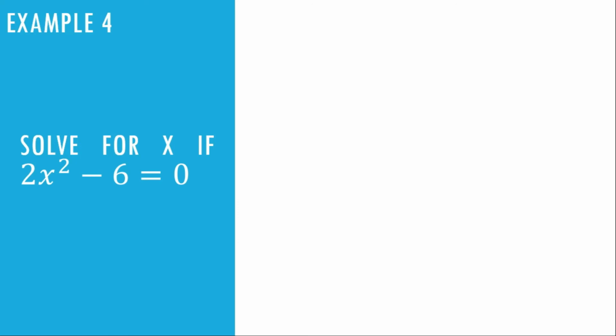Example number 4. Solve for x if 2x squared minus 6 is equal to 0. Remember class, dito sa solving quadratic equation, we always solve for the value of x para masatisfy yung ating equation. So 2x squared minus 6 is equal to 0. Isolate natin. Kailangan natin kunin yung value ni x. So, 2x squared is equal to 6 by using EPE.